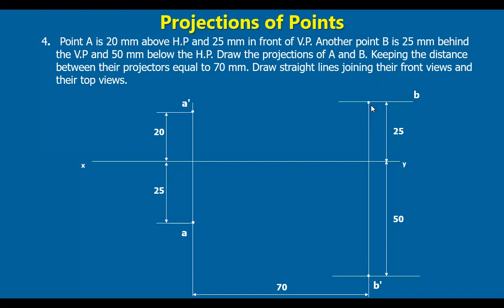Similarly, the top view here is B. So we are able to get the projections of points A as well as B. Now, you are asked to draw straight lines joining their front views and top views. We join A dash and B dash, and also the top views A and B. So this is the final projection of points A and B.